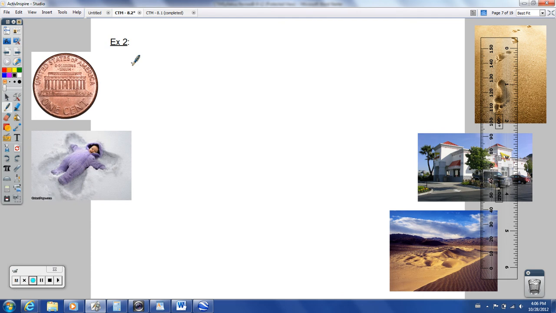Let's think in the same way as we started with length. We're going to be thinking of the most appropriate measurements for things in area. Let me get rid of this a second. We don't need this right now.